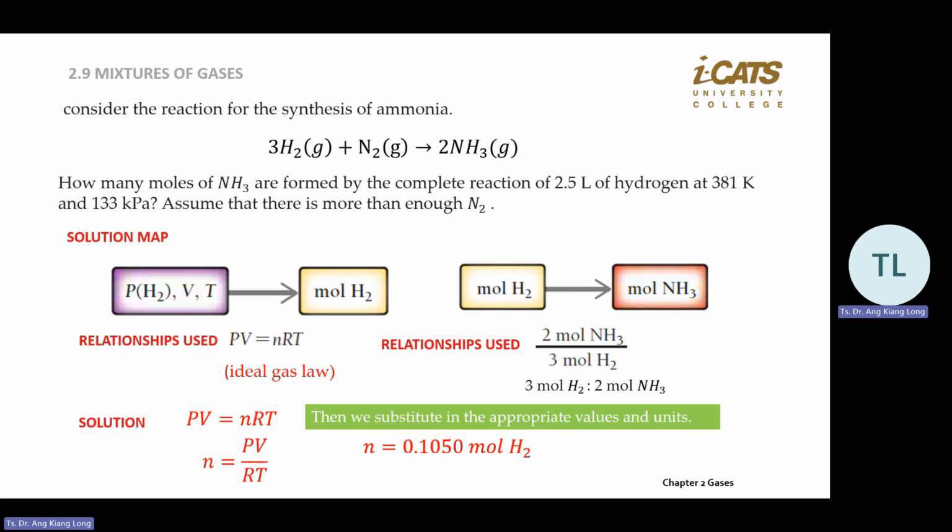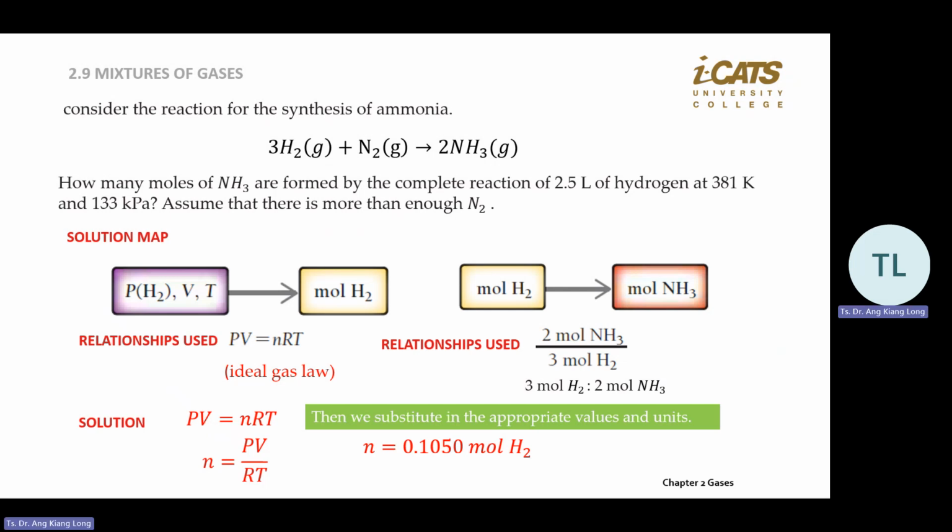Take this n, plug into the ratio. If you don't know how to use this one, I write on the whiteboard here. 3 mole H2 to 2 mole NH3.